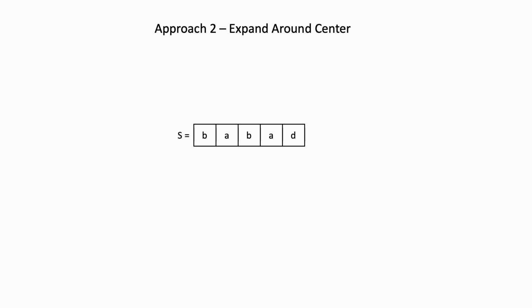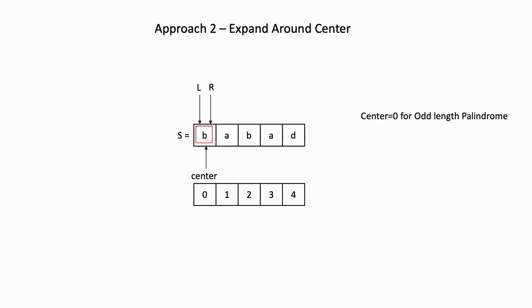Let's look at this solution by taking an example test case where S is BABAD. Let's say the center is 0 and the left and right pointers are initialized to the center. We can't expand the pointers because we will go out of bound. So the current palindrome is B, which becomes the longest substring so far.